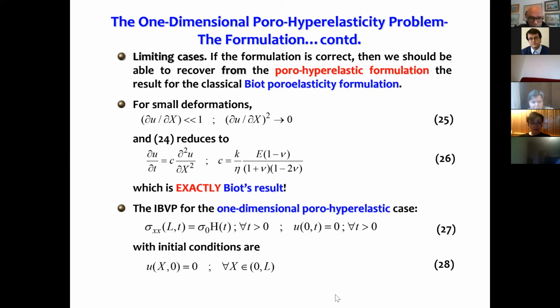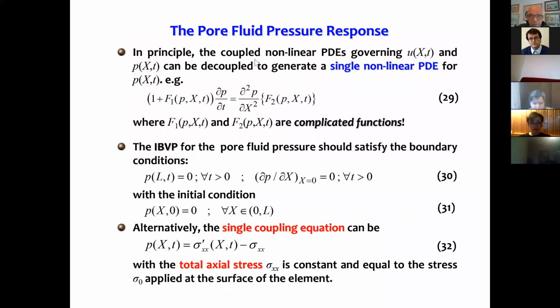So here's the stress that's applied as a Heaviside step function. The initial conditions are classical, in the sense that I've assumed that the displacements are zero everywhere at time t equals 0. And that gives us a nonlinear partial differential equation.